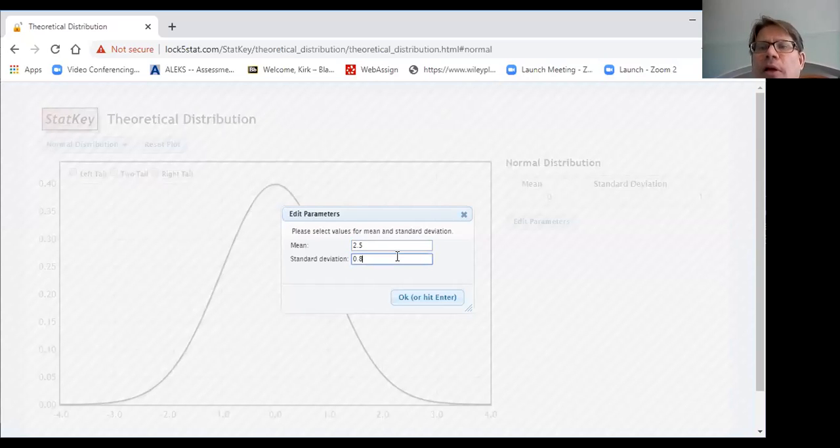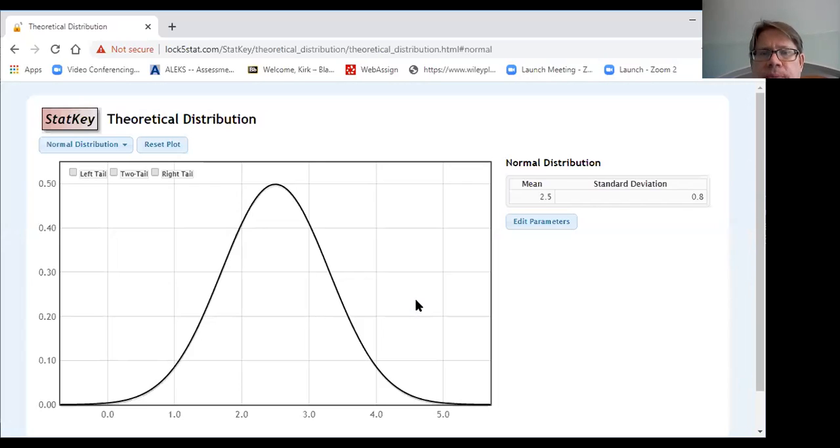In the problem, the null hypothesis hypothesized that mu was 2.5, and that would therefore be the mean of the sample means. And also we were told to use a standard error of 0.8. So I'm going to redraw the normal curve so that the center is above 2.5 with a standard deviation of 0.8.